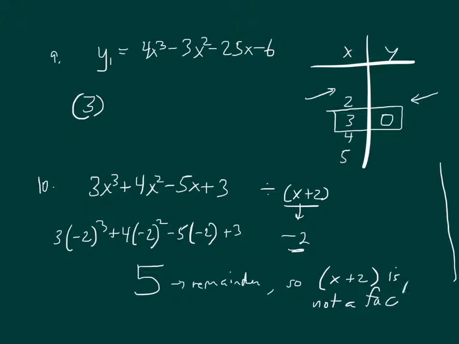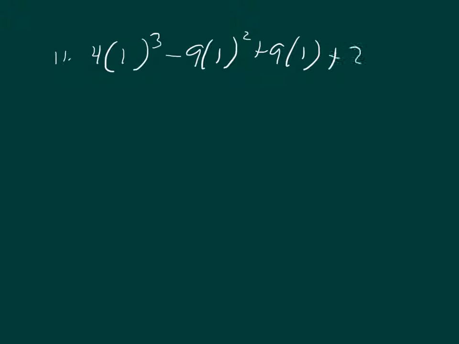All right? And number 11 here will be a very similar problem. For number 11, you can just plug it in, and you will get 4 times 1 cubed minus 9 times 1 squared plus 9 times 1 plus 3. And that, I believe, will give you 12, 16, that gives you 7.